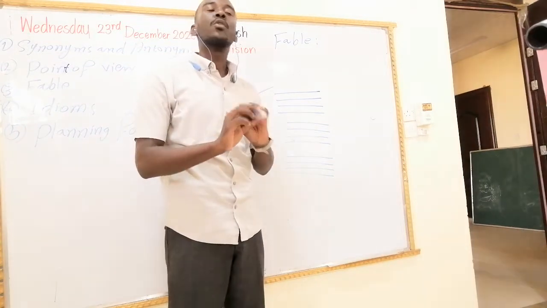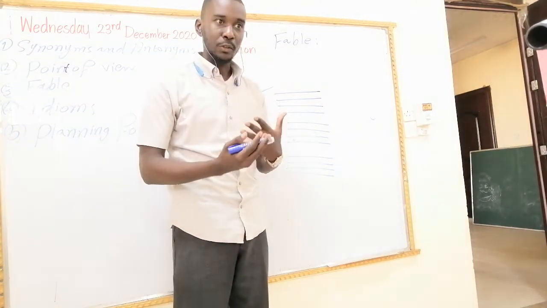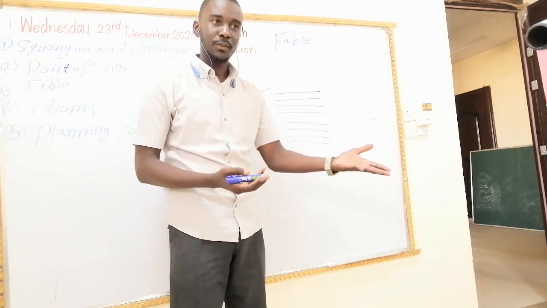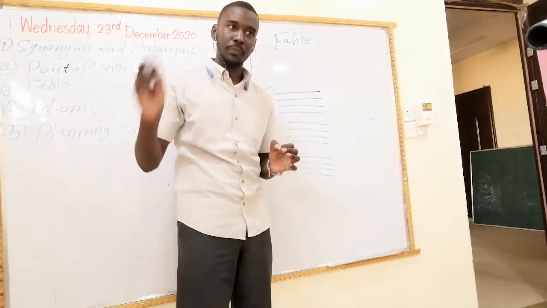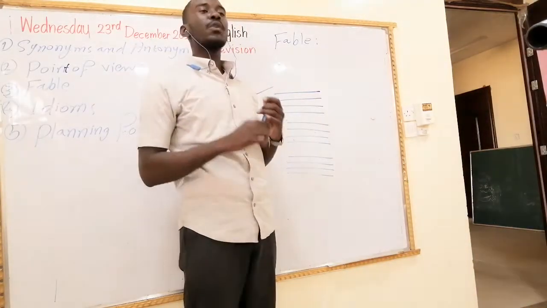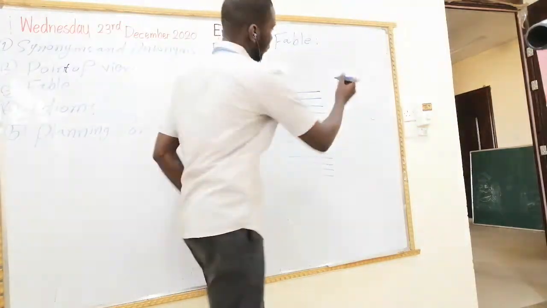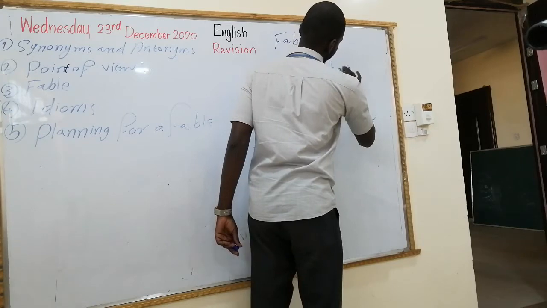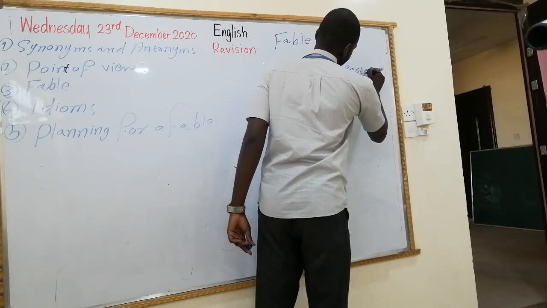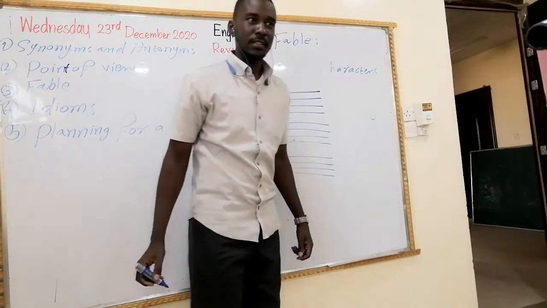You have to find a moral for your story, a lesson that you'd like to teach your readers. This is very important, by the way. Since it's a fable, there should be a lesson. Now, try to select your characters. They are animals.